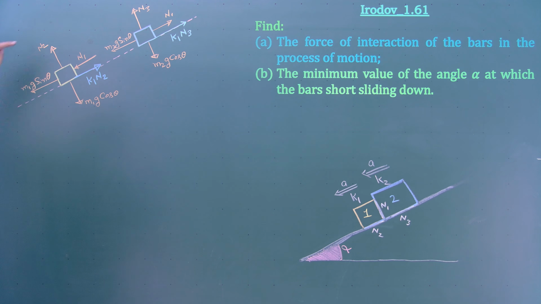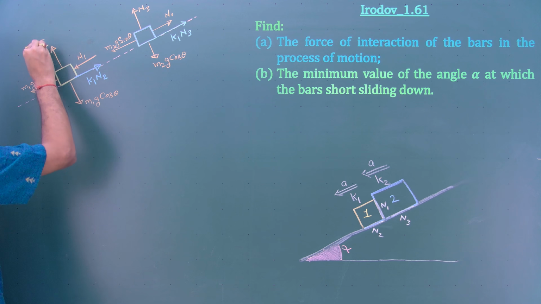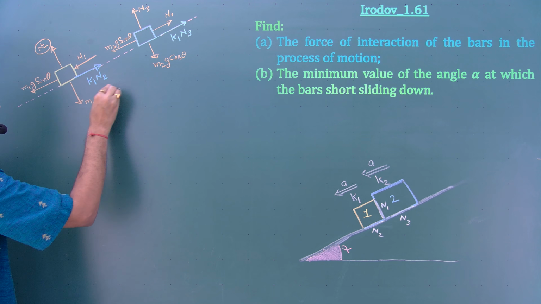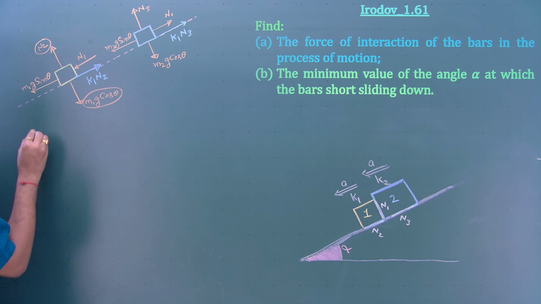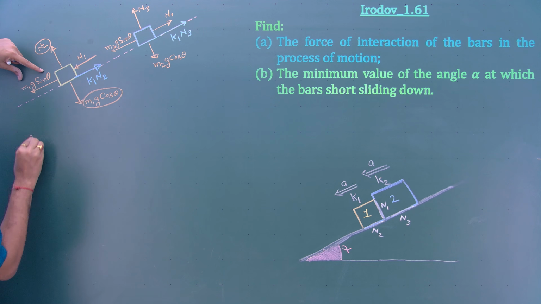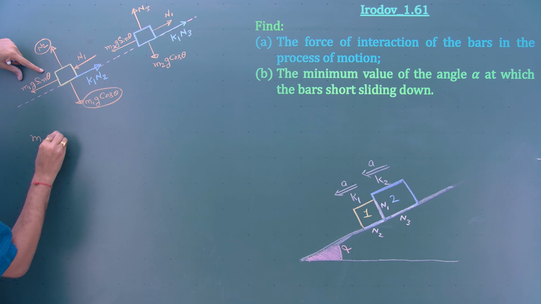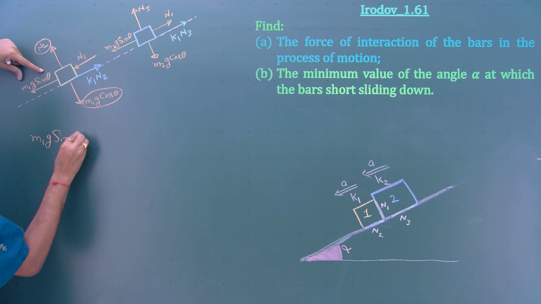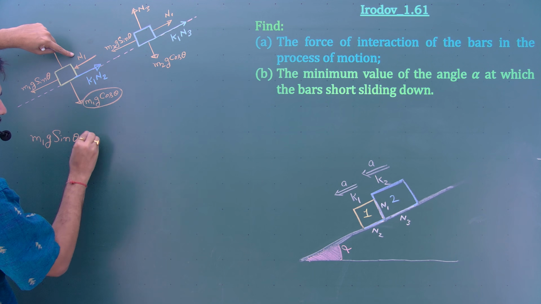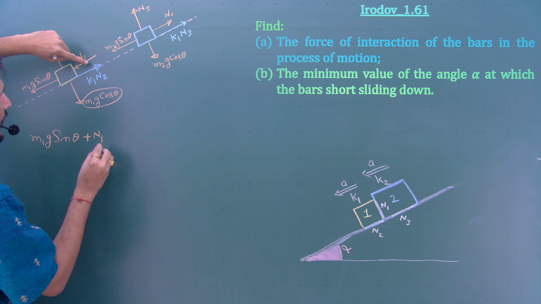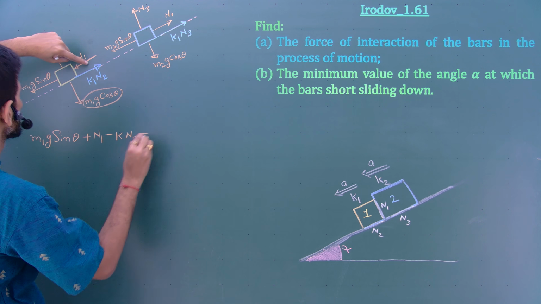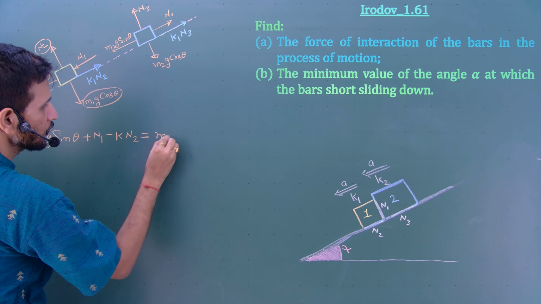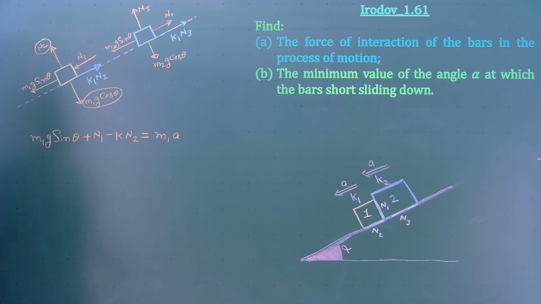Now from this it is clear that N2 must be equal to m1g cos theta. So the equation is m1g sin theta plus N1 minus k1 N2 must be equal to m1 into a.